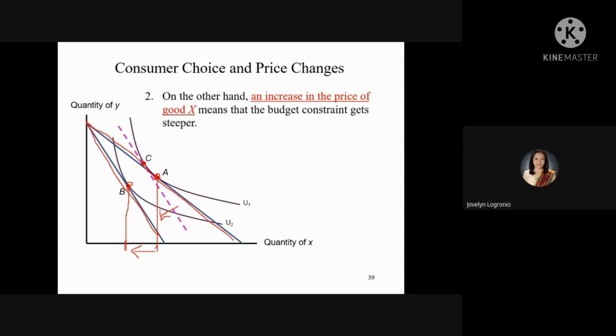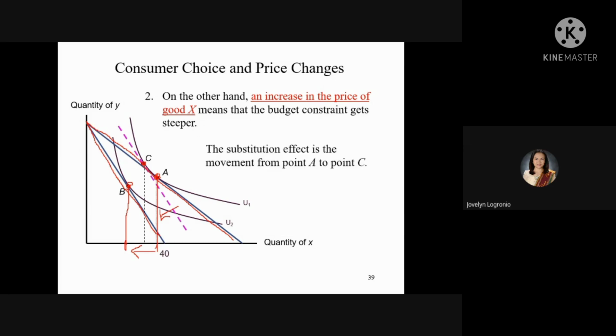Or will buy more Y instead of X. So by the substitution effect, the new bundle for X and Y is at point C. And again, point C and point A give the same satisfaction to the consumer because they lie on the same indifference curve. So the movement from point A to point C is called the substitution effect.